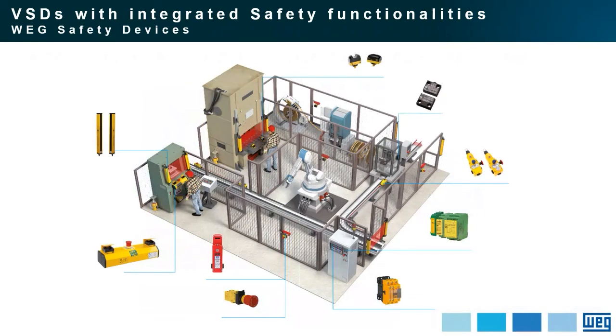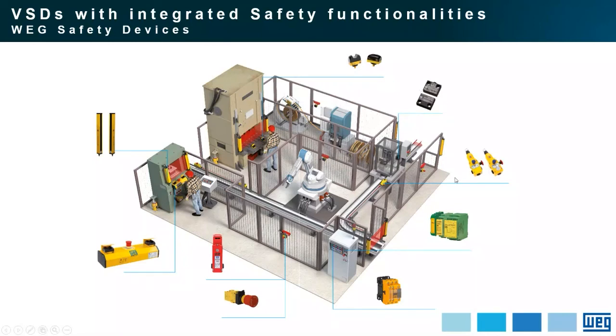Additionally, we spoke about the variable speed drive, and about how the variable speed drive can optimize all the machines. But it is important to know that WEG has in our portfolio additional safety devices like the light curtains. We also have different palm switches to install in different processes and different machines. Machines that require magnetic sensors or switches.